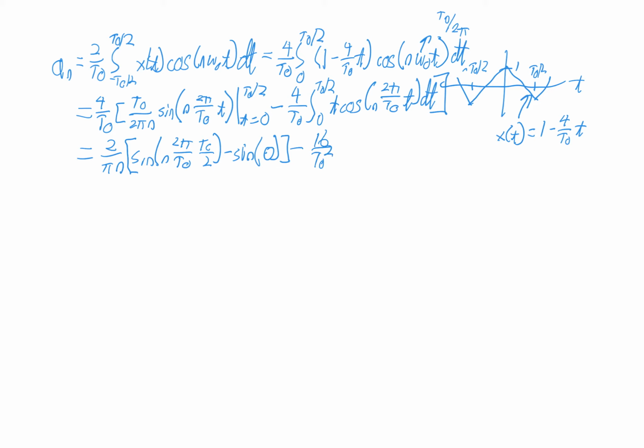And now we have an integral of the form t times cosine ut dt. And let's just do a side calculation here, and you can find this in a table of integrals.